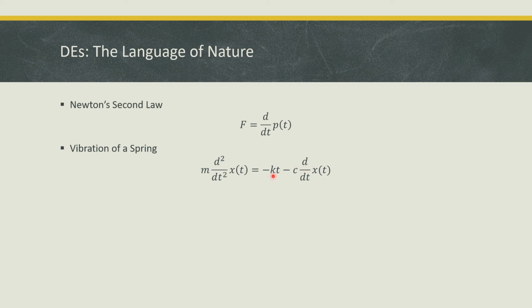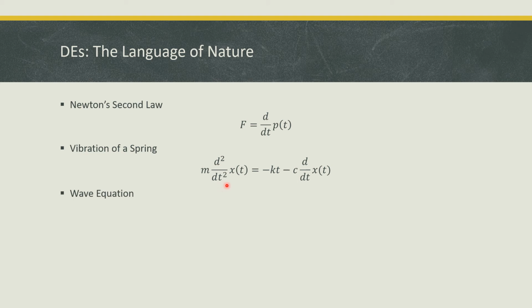And therefore this is a second-order differential equation because the highest derivative is 2. So we only look at the highest derivative when we're talking about the order of the differential equation. And we also notice that there are no partial derivatives, and so this is a second-order ordinary differential equation.